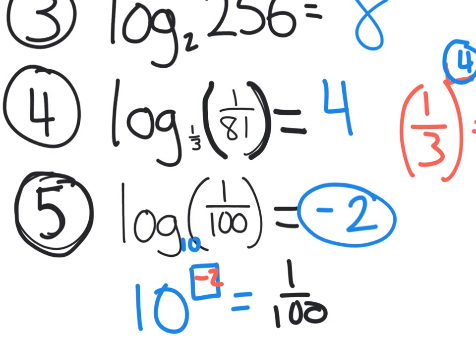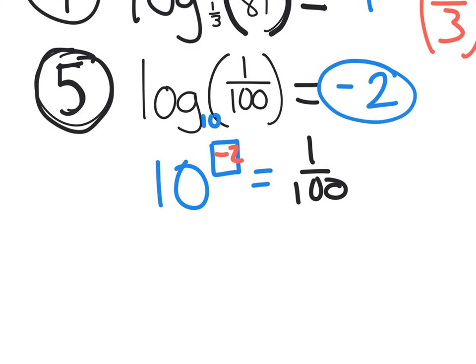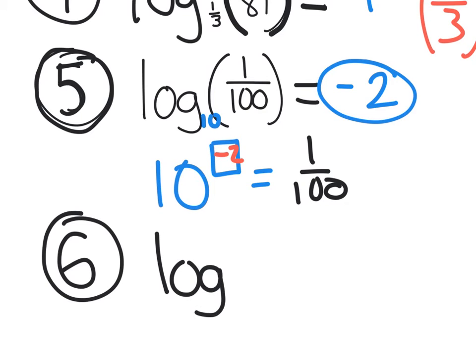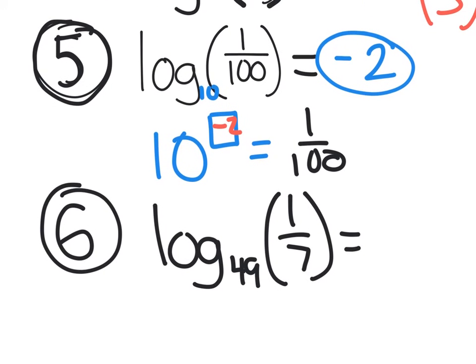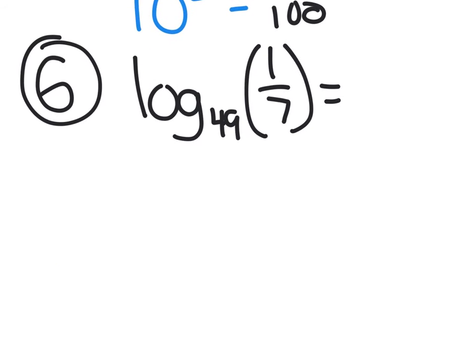All right, awesome. Let's add one more onto this, number 6 here. I'm going to write log base 49 of a fraction 1/7. How are we going to do that?